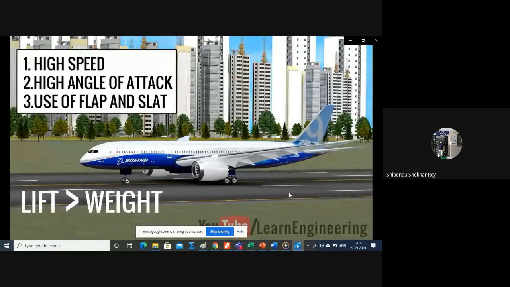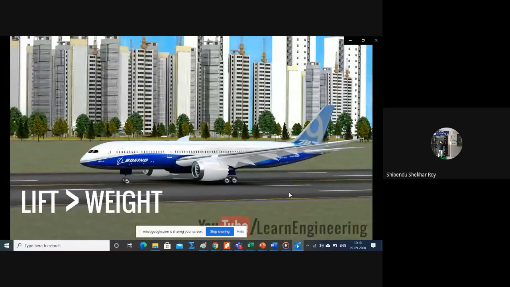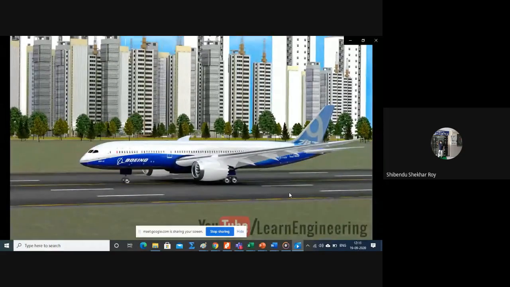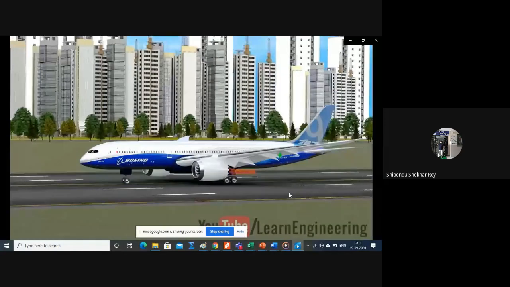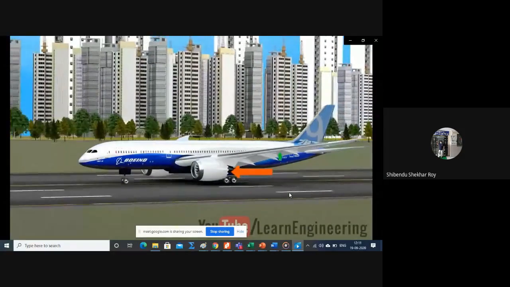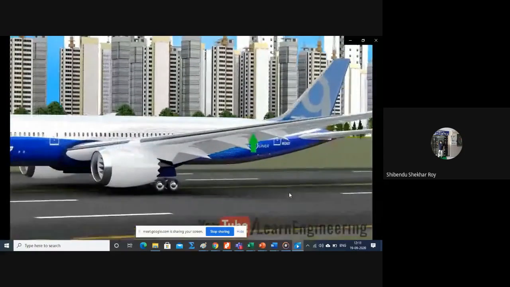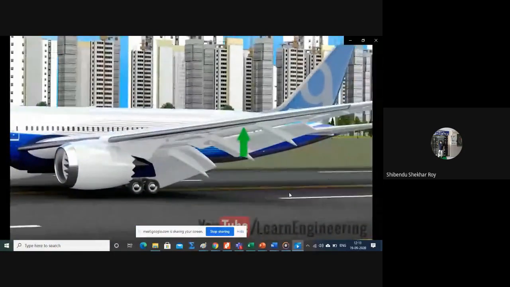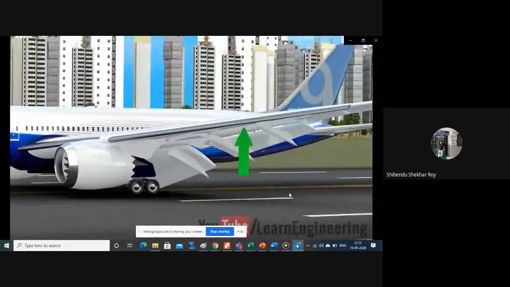You have to increase the lift force during takeoff. Lift force should be higher than weight. Either you increase the speed or increase the angle of attack, by controlling the flap and the slat. You see the flap and slat activated to increase the lift force.